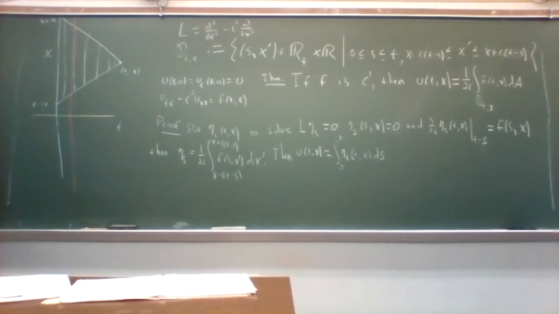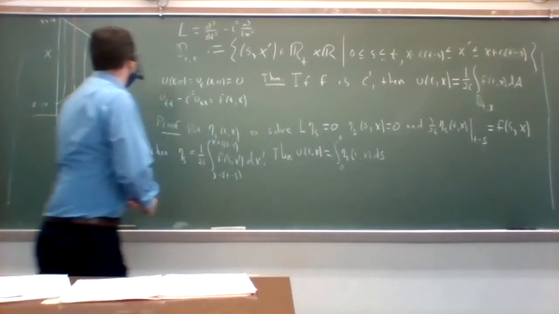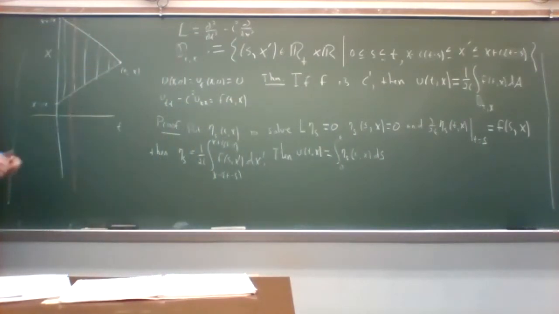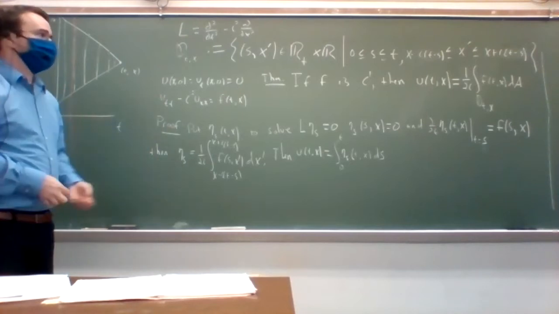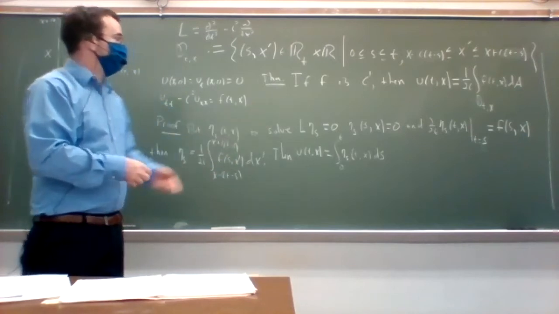And this function is the amplitude of that wave equation at this point with velocity given by f of s, x, or d/dt eta of s equals f of s, x.